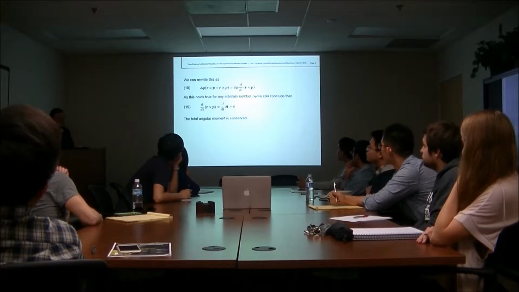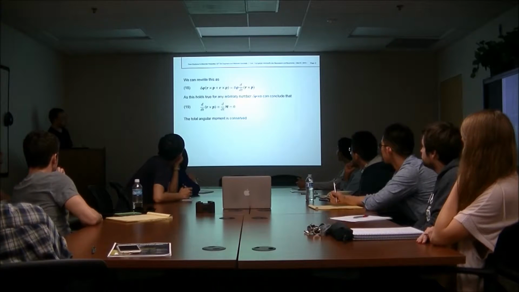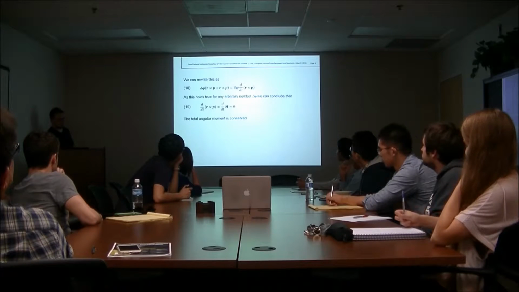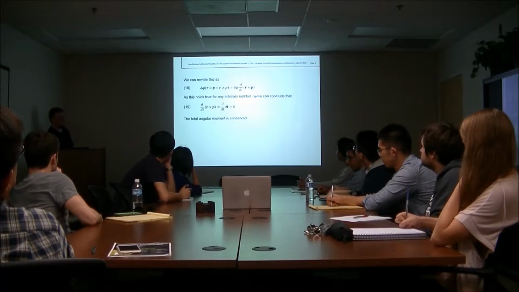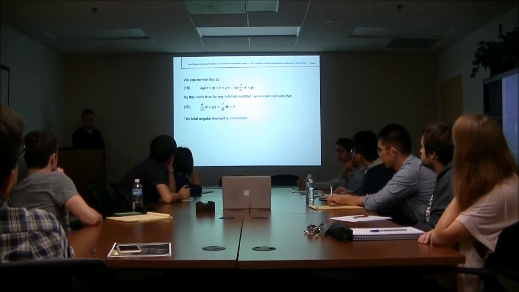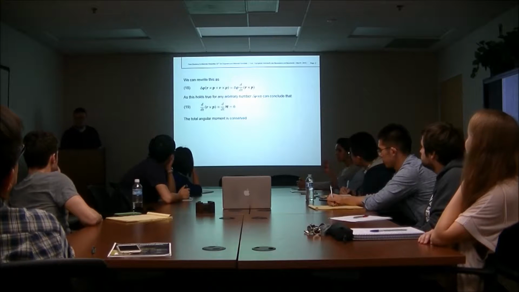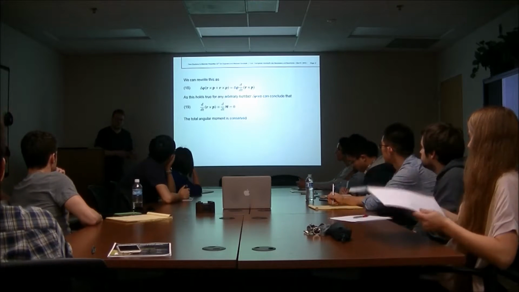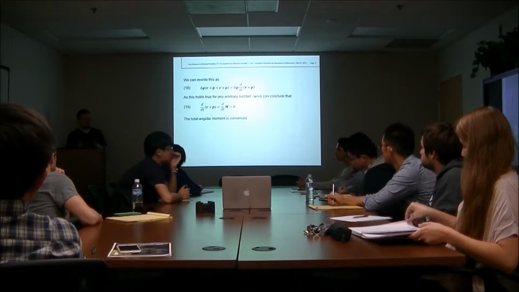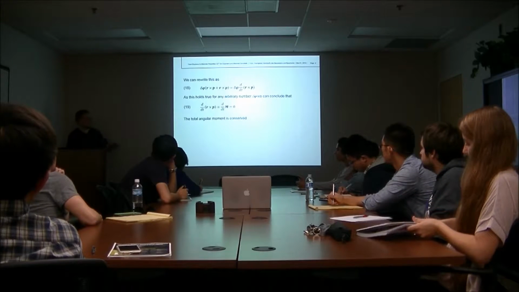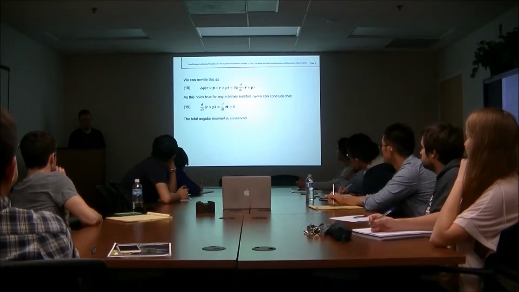Again, the variation is arbitrary, so this cannot be 0. This means that this part has to be 0. And this means that the angular momentum is conserved, because this just describes the angular momentum. So we see homogeneity of time yields the conservation of energy. Homogeneity of space yields the conservation of momentum, and isotropy of space yields angular momentum conservation.